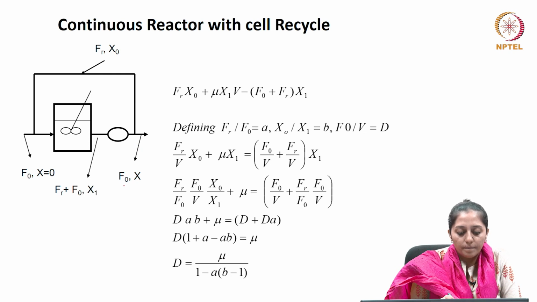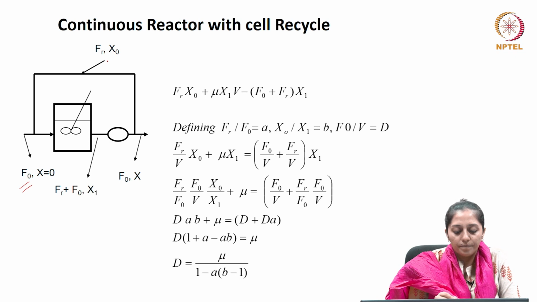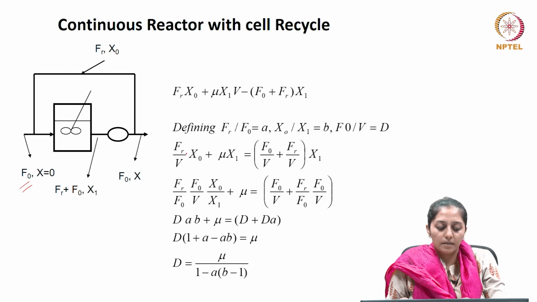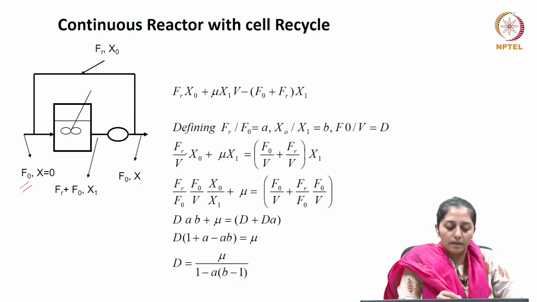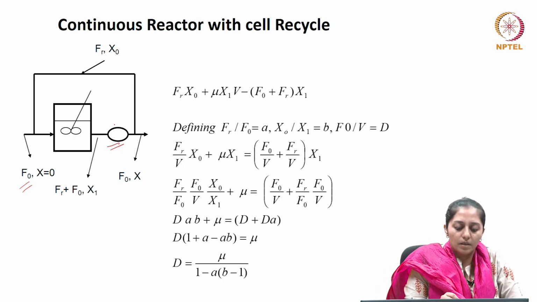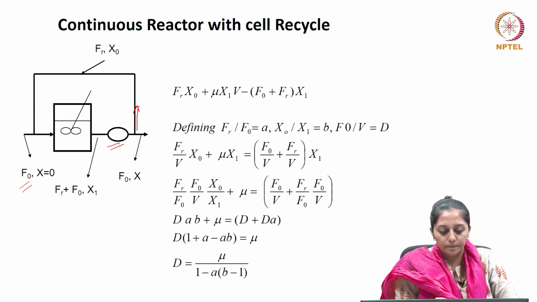The notations have been given as F0 for the inlet stream to the reactor, and Fr is the fraction of the stream which has been sent back as a recycle, and the cell separating device is at the outlet of the reactor, shown here as a small oval-shaped circle, and this is the stream which is going back as the recycle.